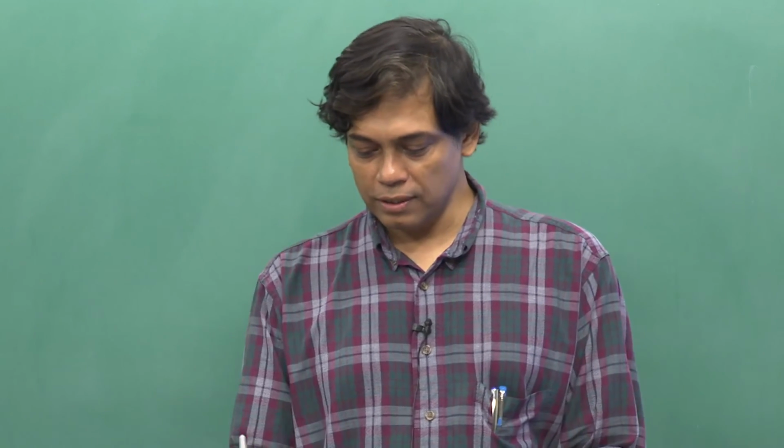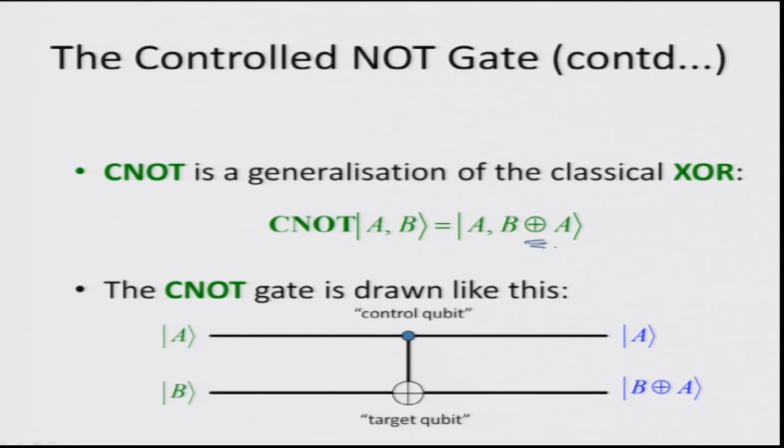So, this is its notation, a plus with a 0, inside the 0 there is a plus. So, it is a generalization of the XOR, classical XOR. Okay. Or they call it XOR, whatever way you want to call it.